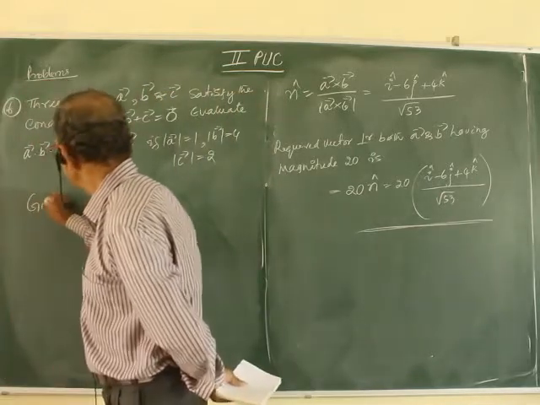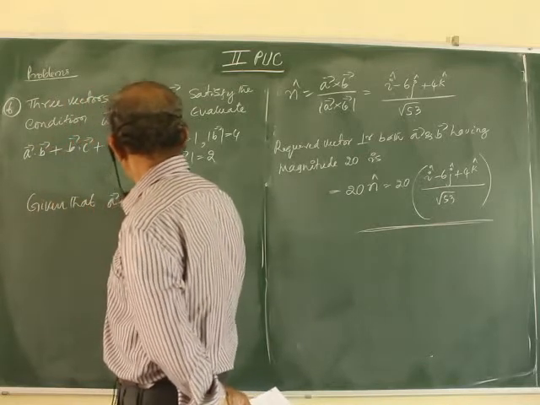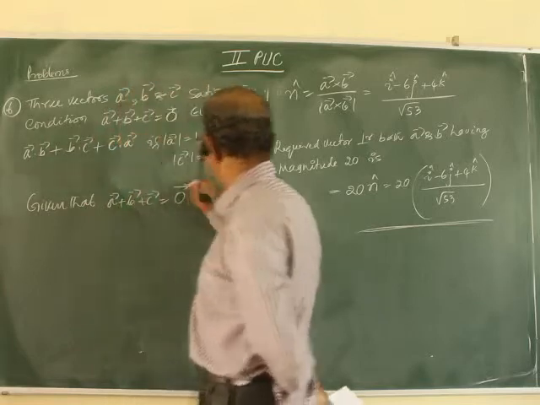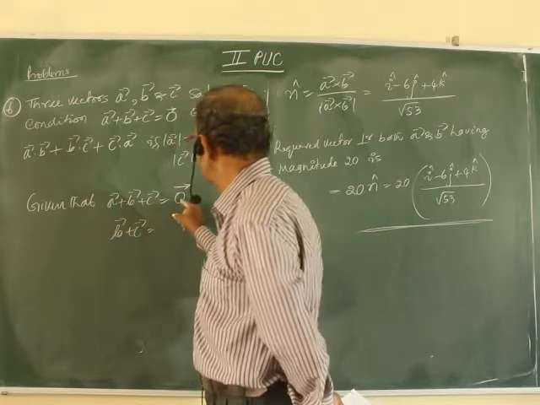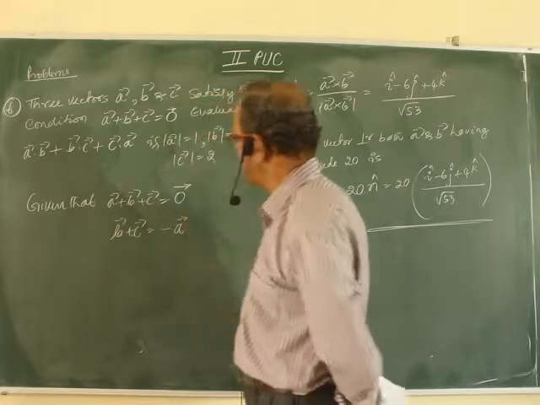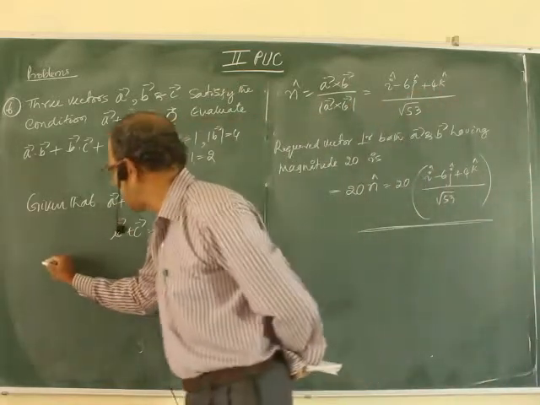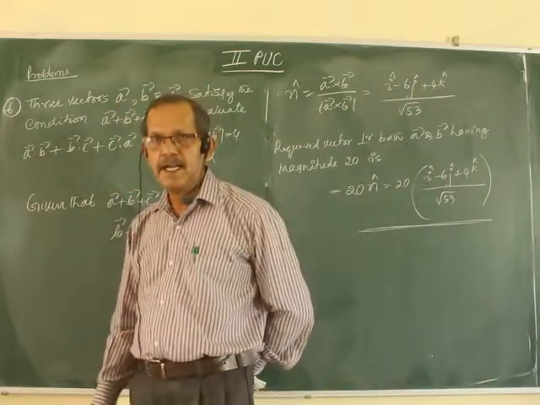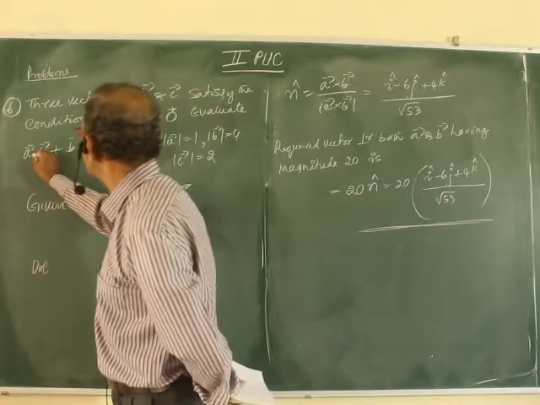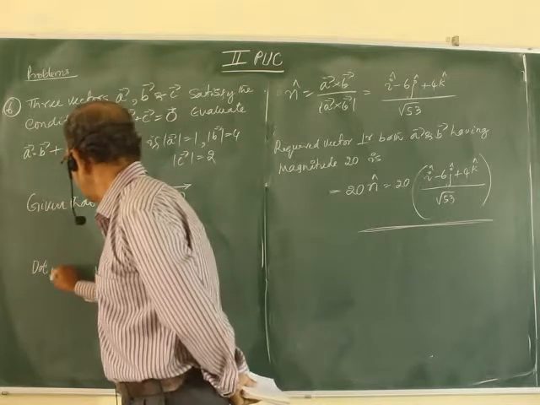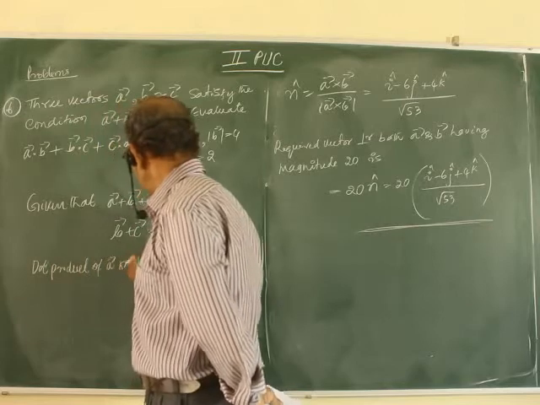Given that A plus B plus C is a 0 vector, or B plus C is 0 minus A vector. 0 minus A means minus A. Take the dot product of A on both sides, because the problem is dot product.